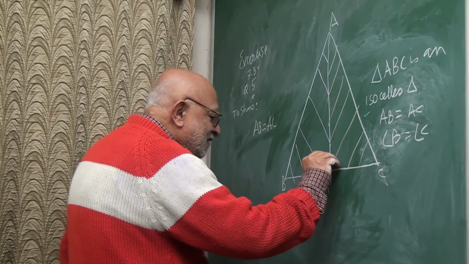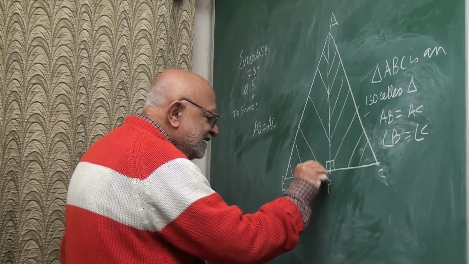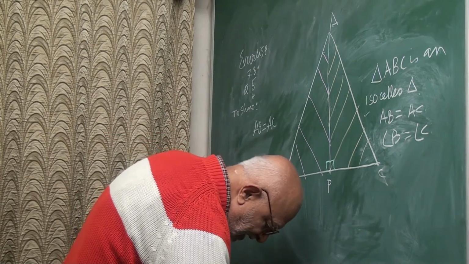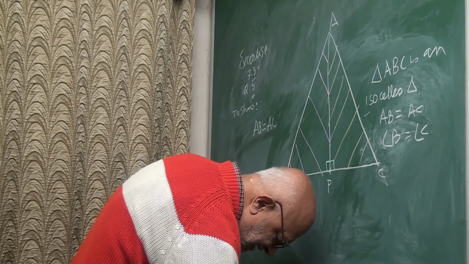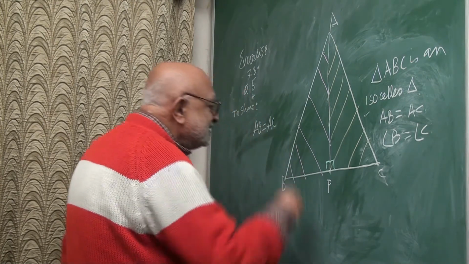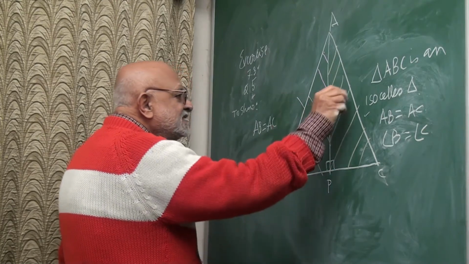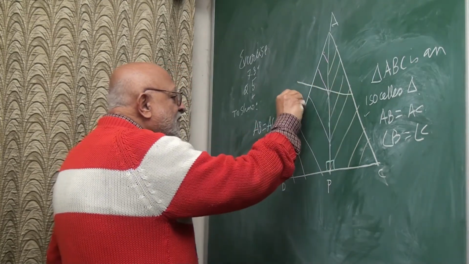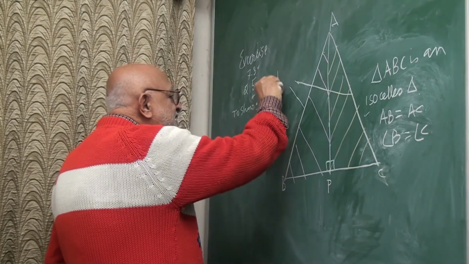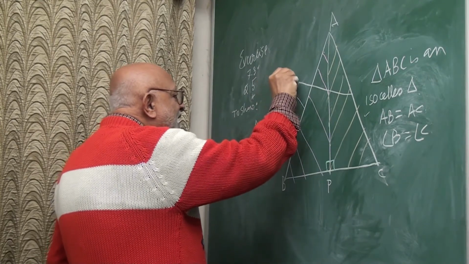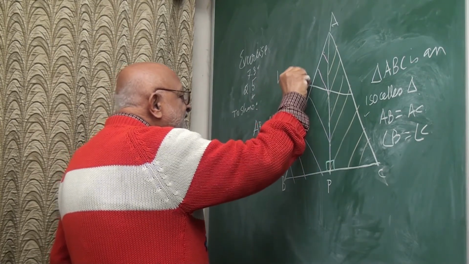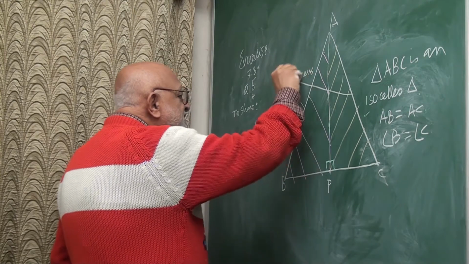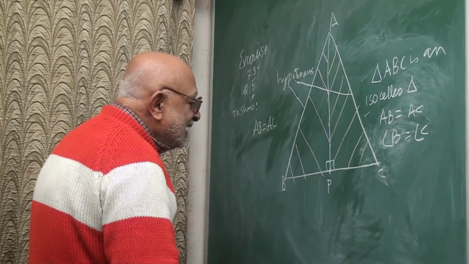Now, this is perpendicular, so this is 90 degrees. So this and this are hypotenuse, and I need one side.